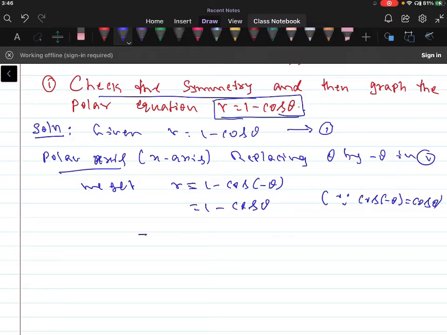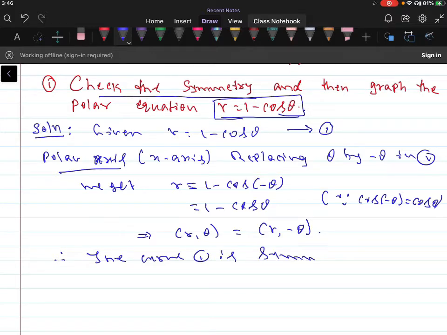This implies r comma theta is the same as r comma minus theta. So therefore the curve 1 is symmetric about the x-axis.